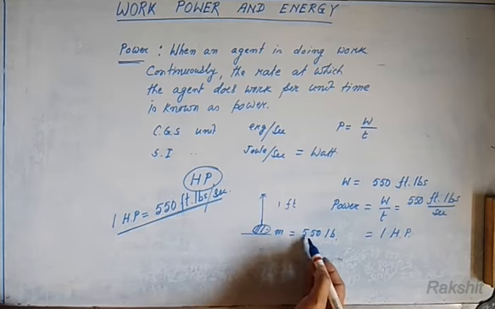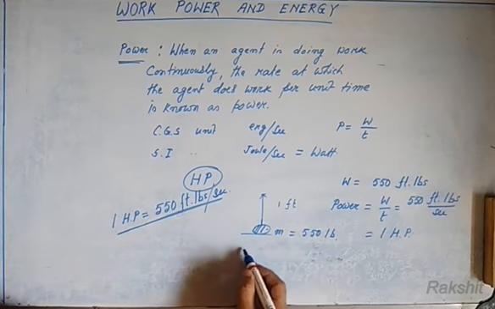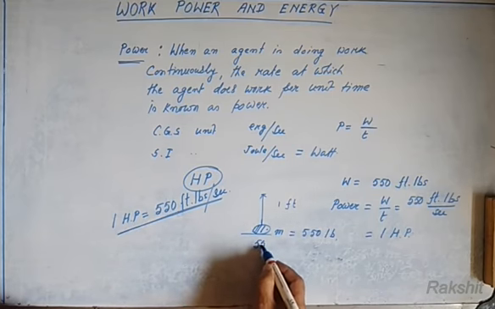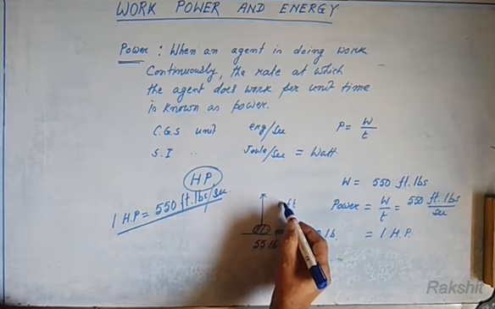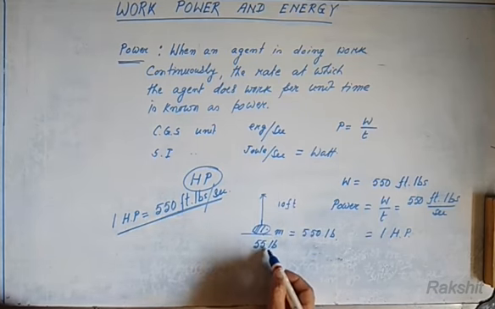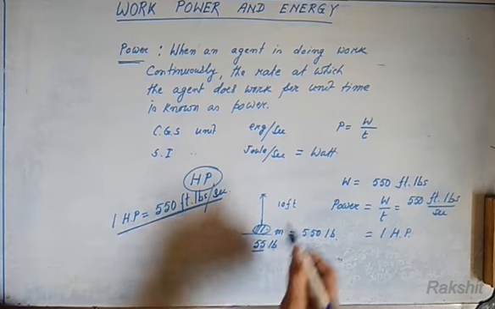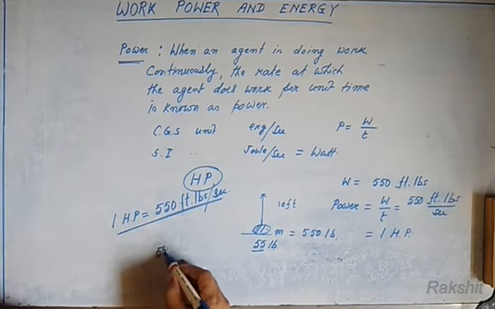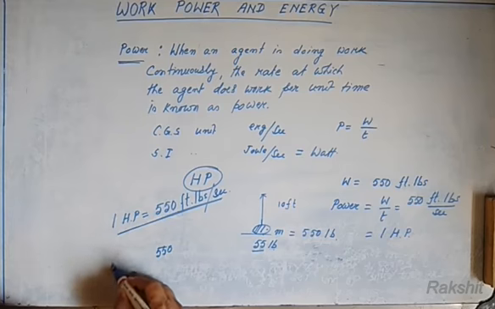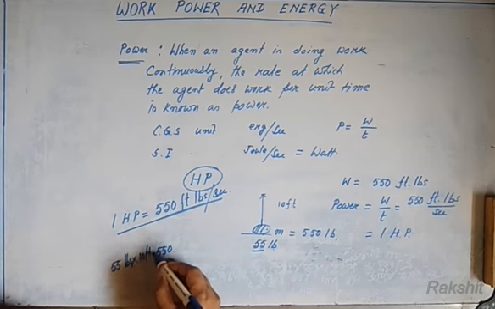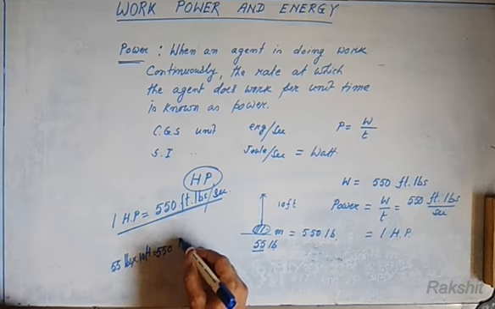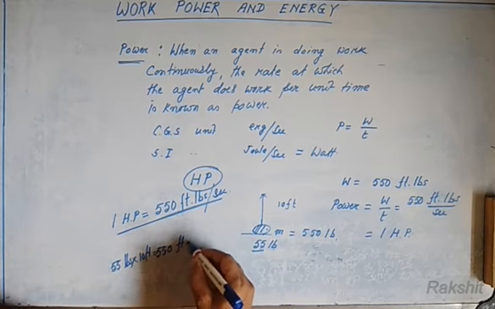This body mass not necessarily be 550 pound. It may be 55 pound, and it has been lifted through 10 foot. So if we multiply foot and pound, that gives 550. 55 pounds into 10 foot is equal to 550 foot-pounds.